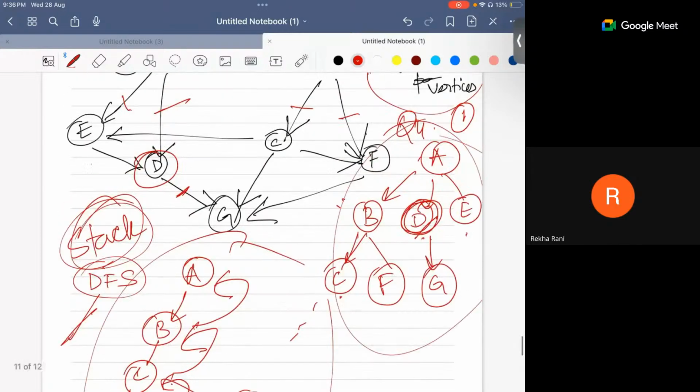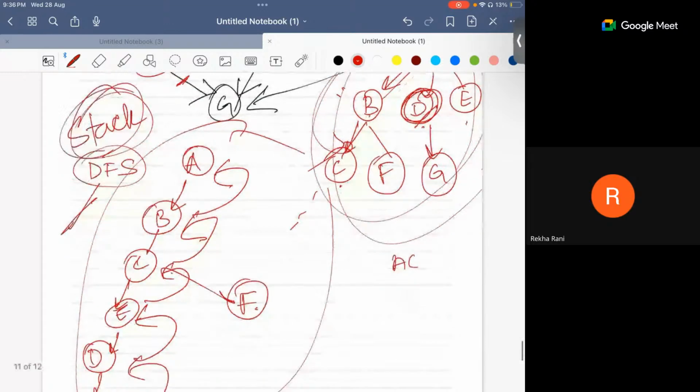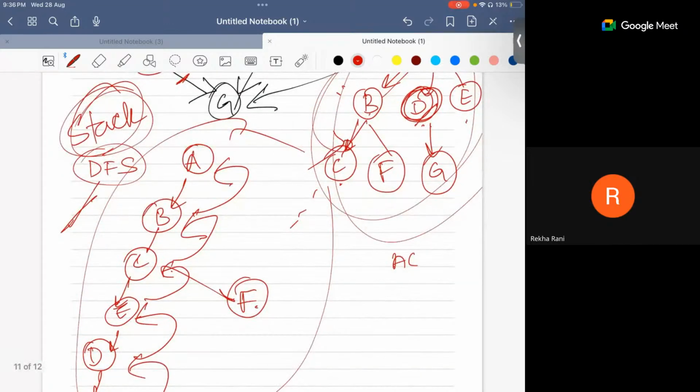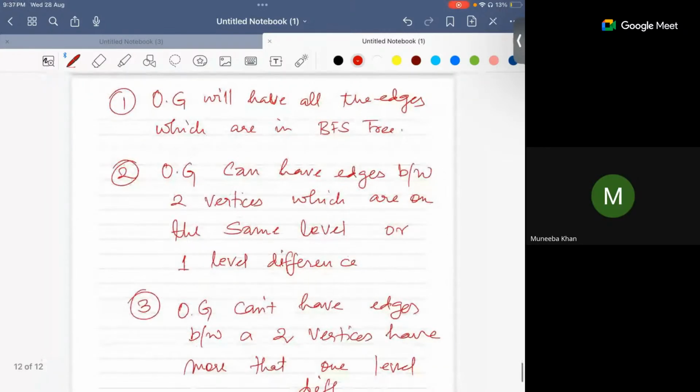You can have an edge from A to B, A to D, A to E. You can't have B to C. One level difference is fine, but you can't have A to C in the original graph. If you are given a graph and the option asks whether AC can be an edge in your original graph, it's not possible, right? Two level difference is not possible. One level is fine. Clear? Yes. Okay.